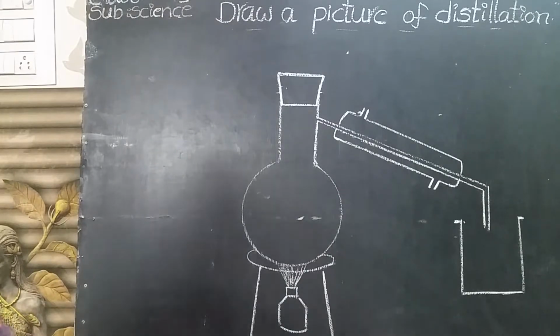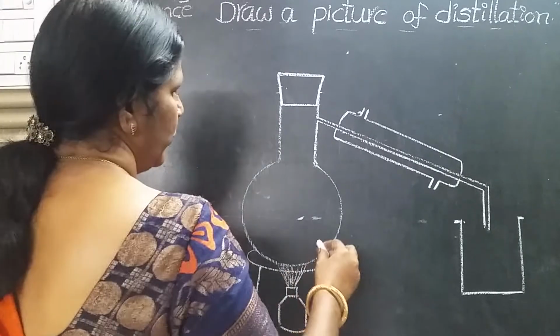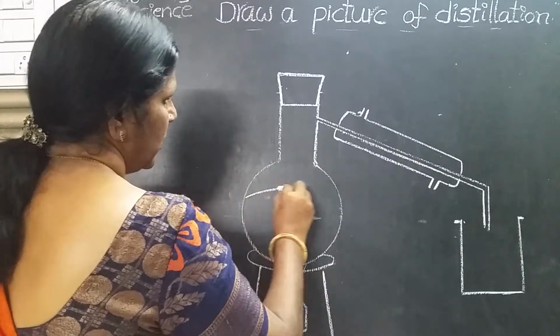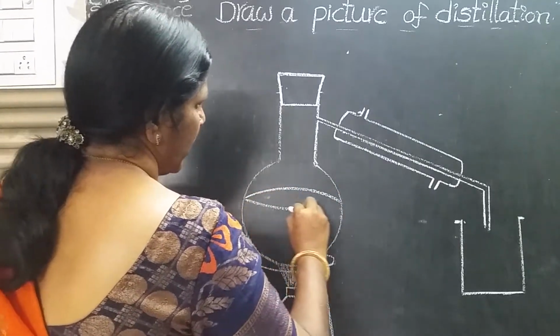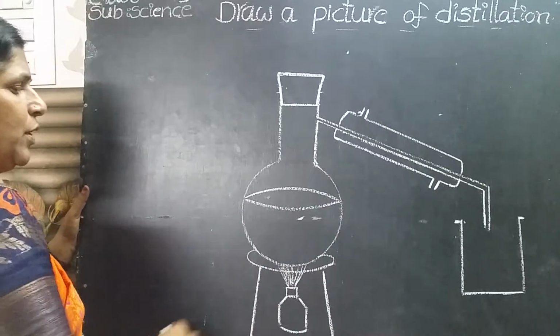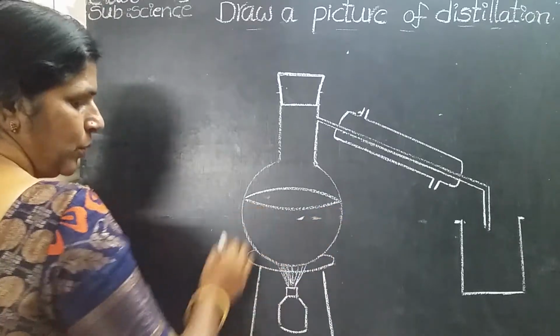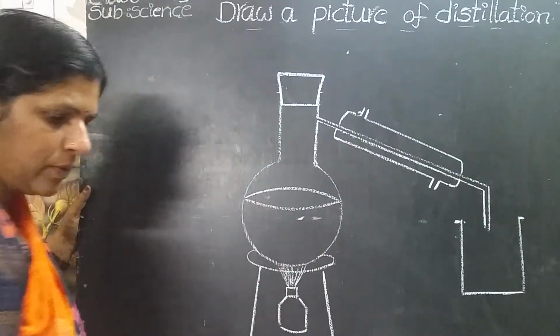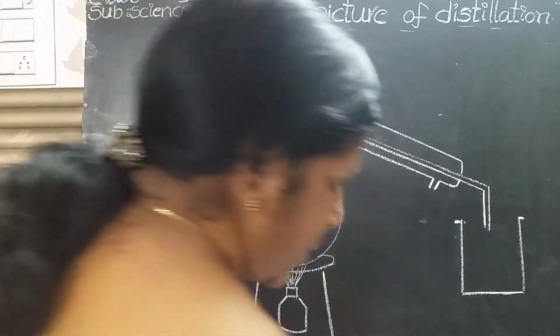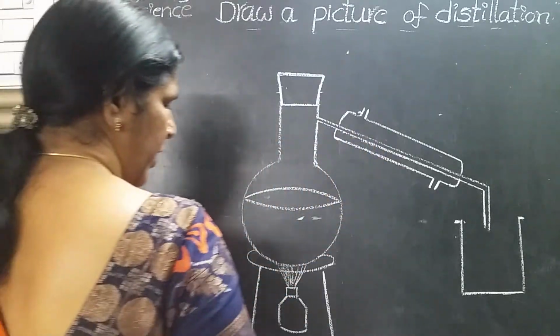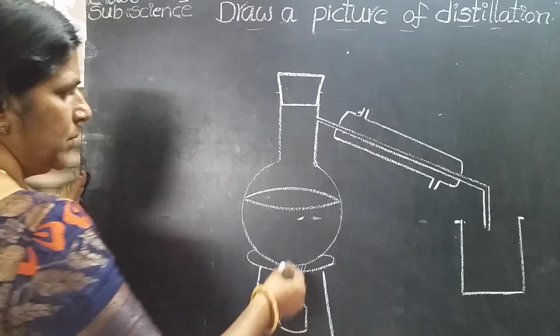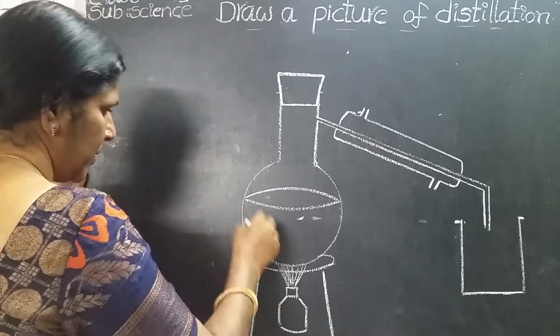Okay, and here we have to take impure water. Yes, impure water. That's why you have to draw sea water. Here we have to take impure water or sea water.